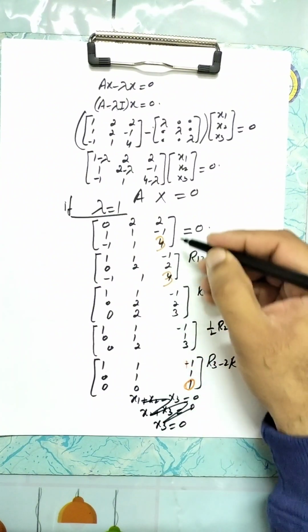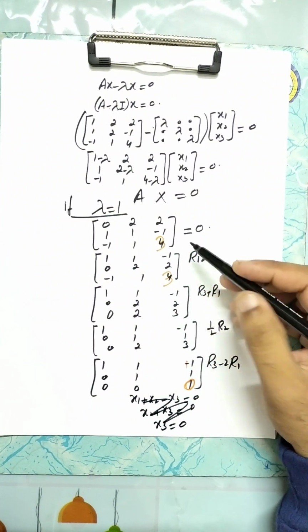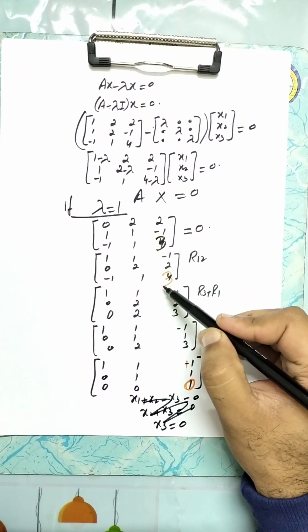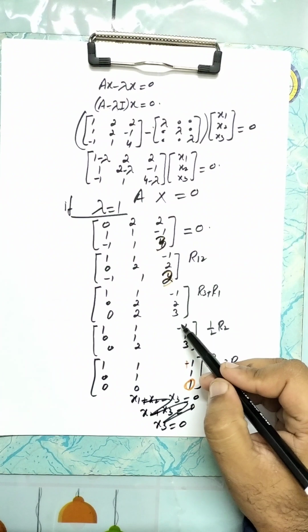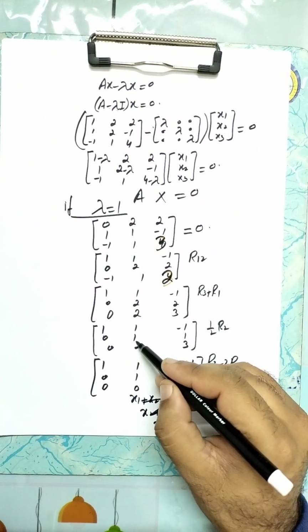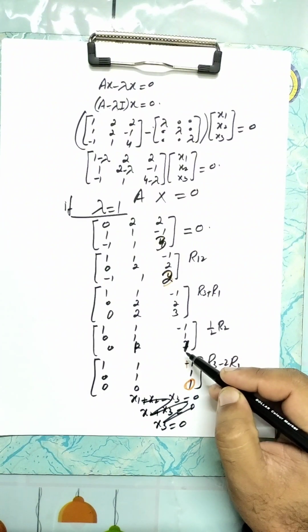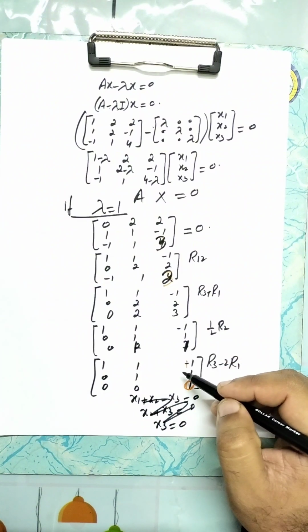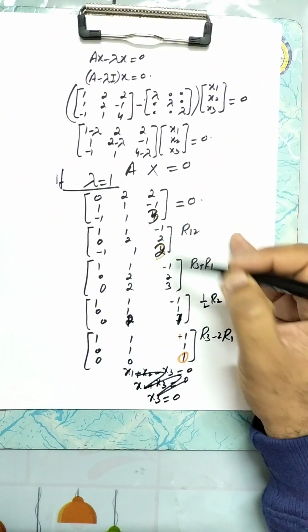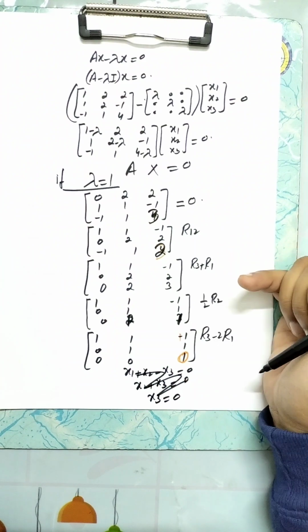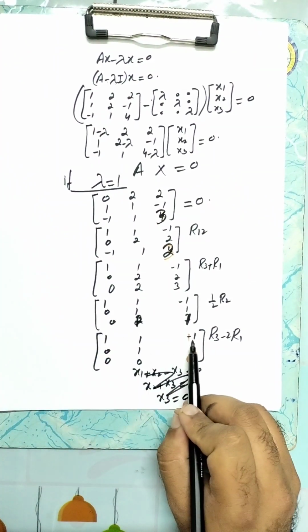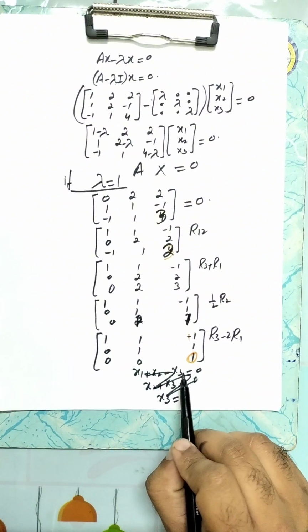So correct this term, this is 3 and this is 3 and this becomes 2, and in the last row this is 1 1. Okay, so please correct this system. Okay, so our system becomes 1 1 1 and 0 1 1 and 0.